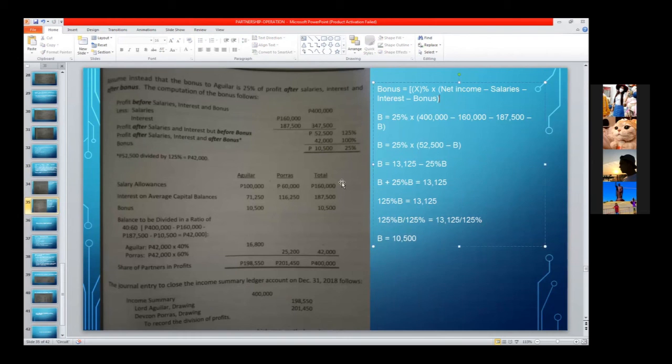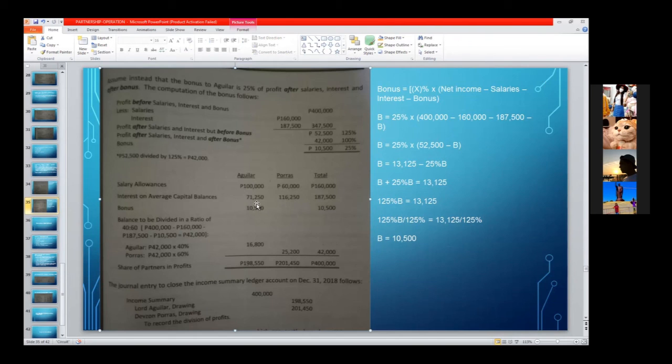Mas madaling gamitin na ito para sa akin. Pero kung gusto nyo ito, di ito ang gamitin ninyo. Pero mas madali ito talaga. O, yun na. Ilagay nyo na sa mga table nila. Yan na, 100,000 kay Aguilar, 60,000 kay Poras. Tapos ito, ganyan kay Aguilar. Ganun din kay Poras. Tapos kaninong bonus to? Kay Aguilar din.